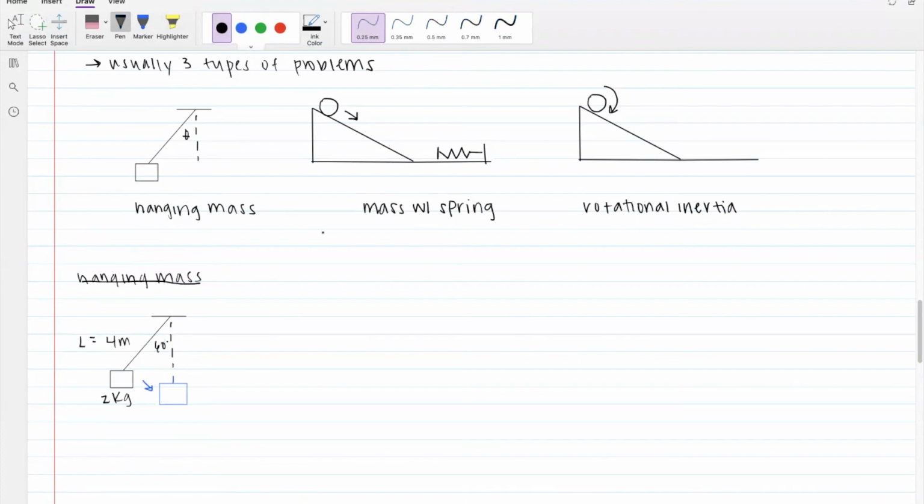So a common question that might be asked is, what is the velocity of the block at point 2, signified here?